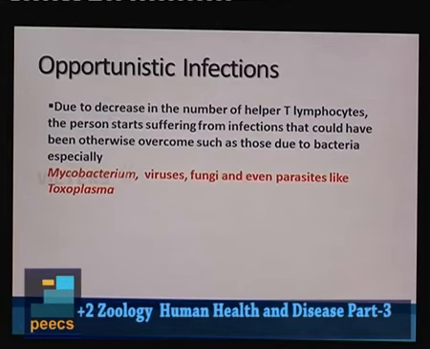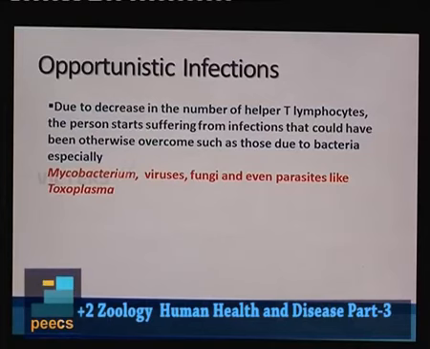And now it is the time for opportunistic infections. Because the T lymphocytes are very low in the bloodstream, this person is getting infected by different types of pathogens, or we can say the person is susceptible to attack of pathogens now, because the immune system is very weak.